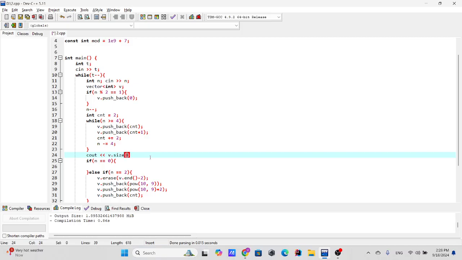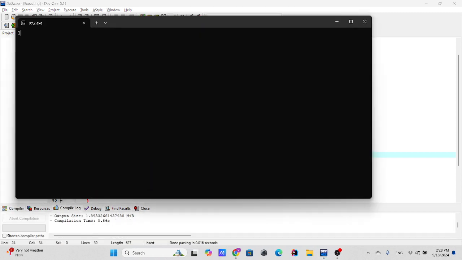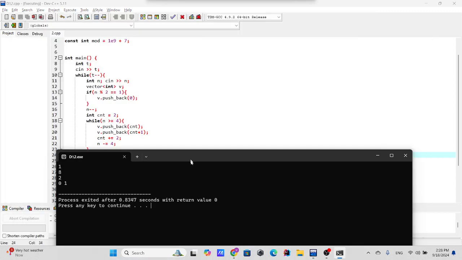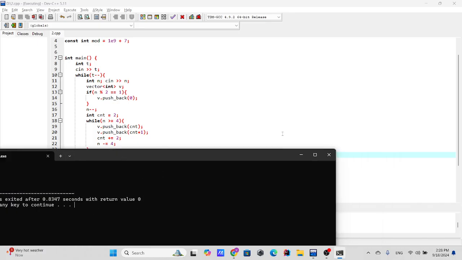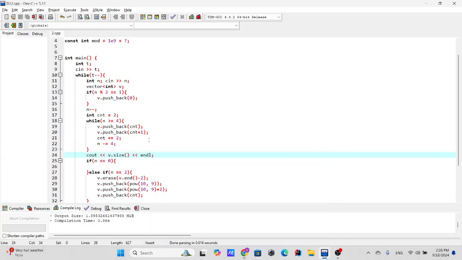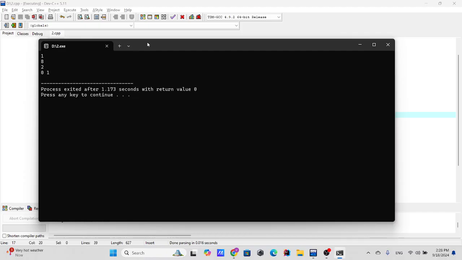v.size and line. Two. What? 0 and 1, really? But why though? How is it 0 and 1? Still 0 and 1.